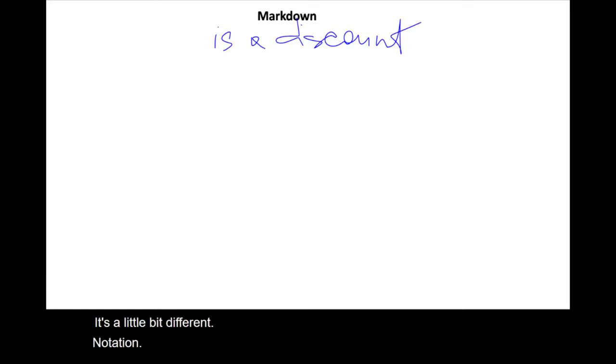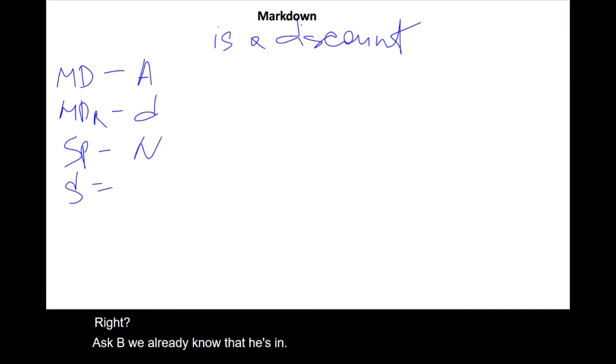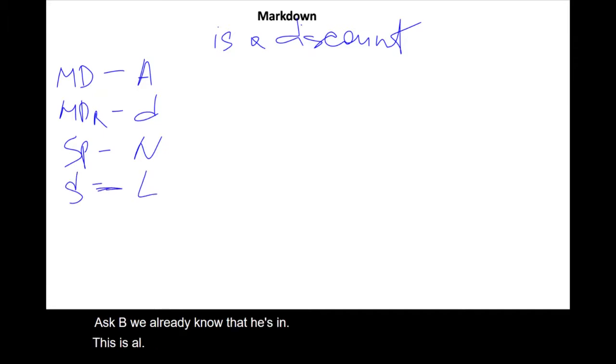notation. That's it. So MD, that is A, MDR, that is D, right? SP, we already know that is N, S is L. That's it.